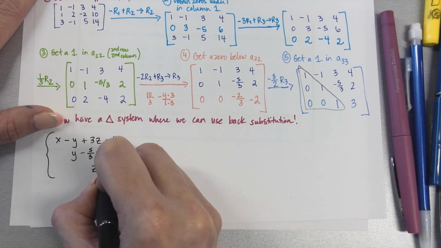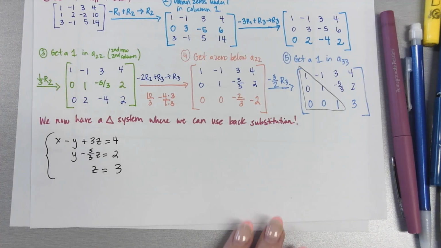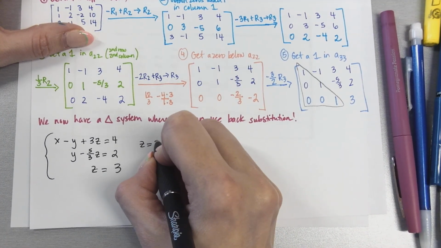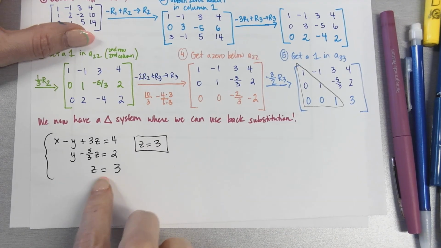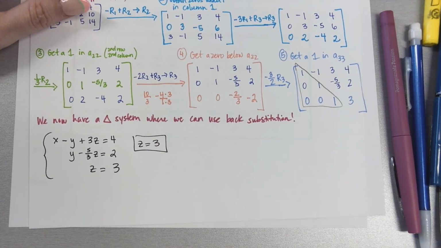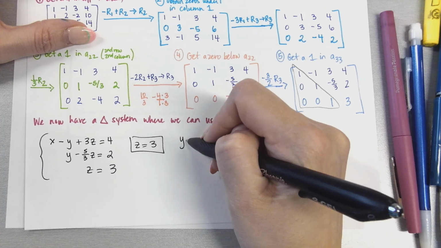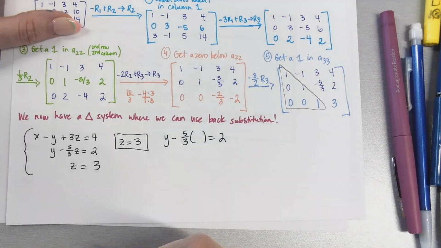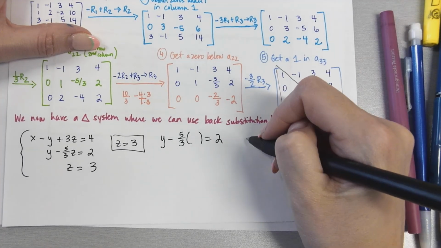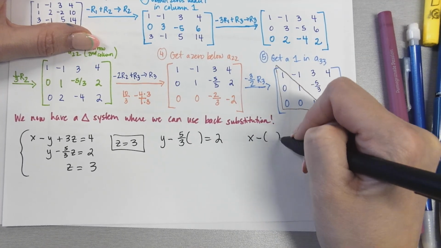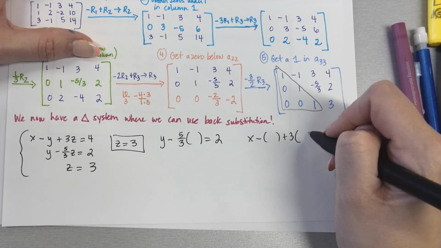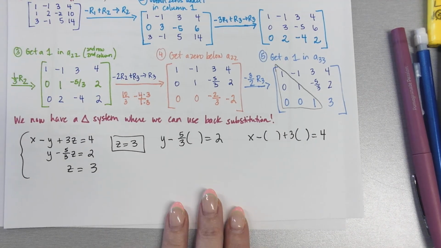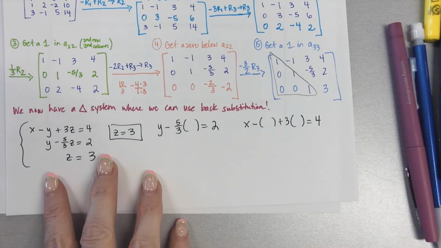And then z equals 3. In that system, the first thing is always going to be that value of z. Then we are going to plug that into y minus 5/3 z equals 2 and solve for y. Then x minus y plus 3z equals 4. So go ahead, plug those in and solve.